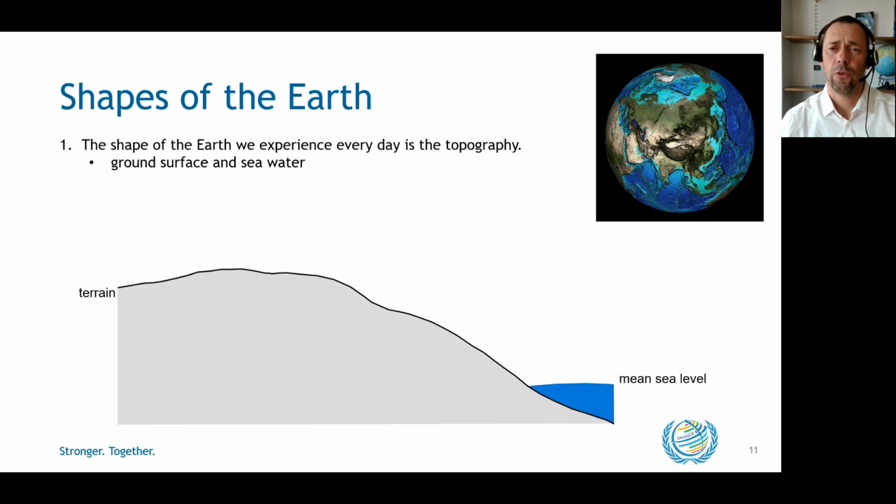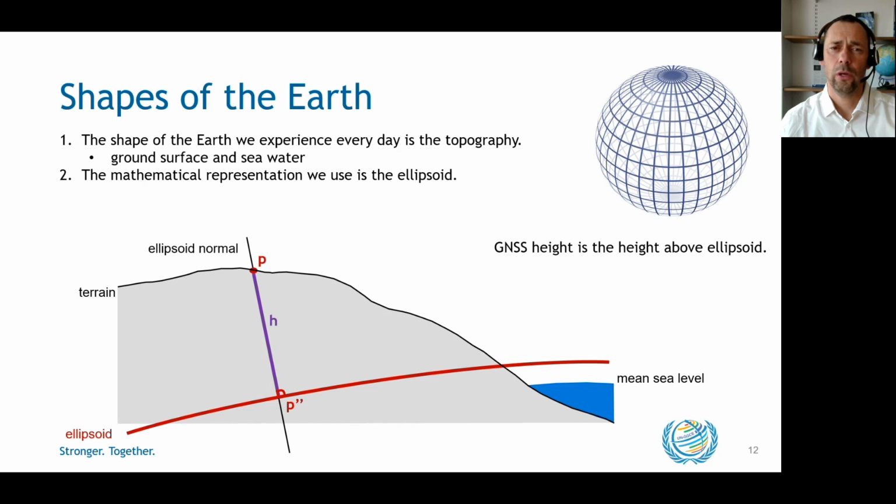Drawing a profile of a piece of landscape, we start with the topographic shape, which is familiar to all of us, and where we display some terrain and sea. Now we turn to the geometric shape of the Earth, and we display in our drawing the ellipsoid in red.